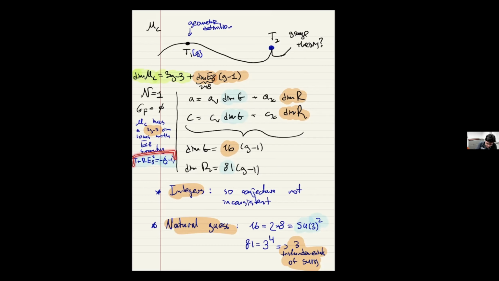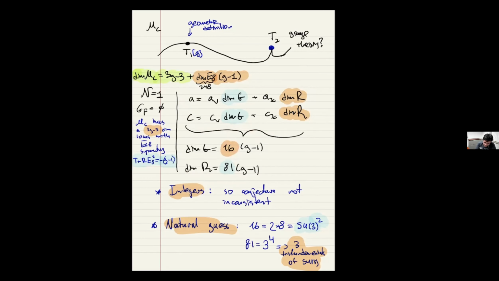And again, I mentioned this fact that where the E8 is preserved, its 't Hooft anomaly is given by this value. So again, we can ask: is there a gauge theory description of this theory somewhere on its conformal manifold? We solve this simple set of linear equations, and again we find that the dimension of the group is an integer.